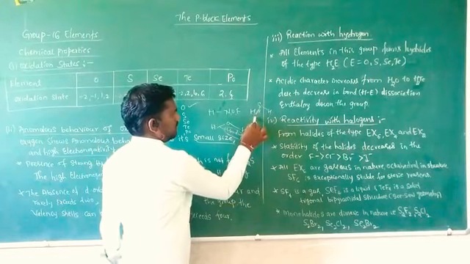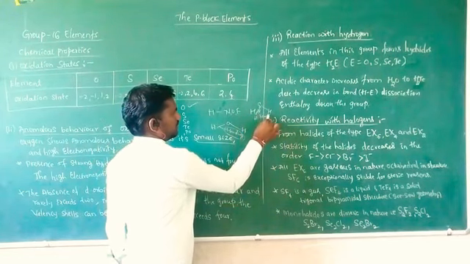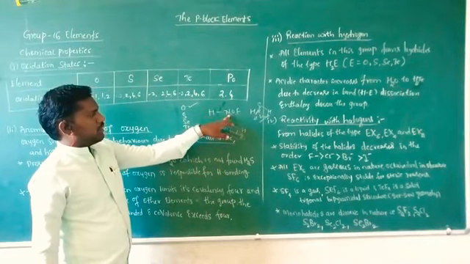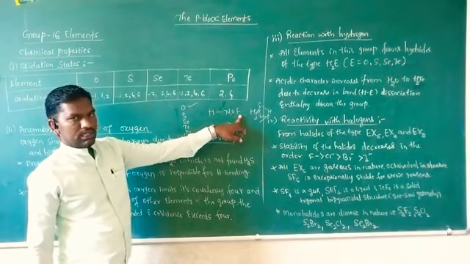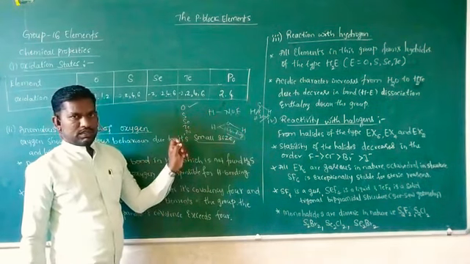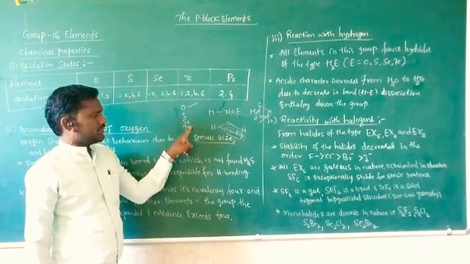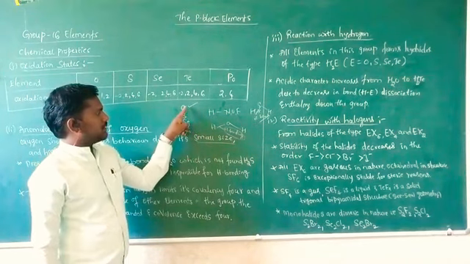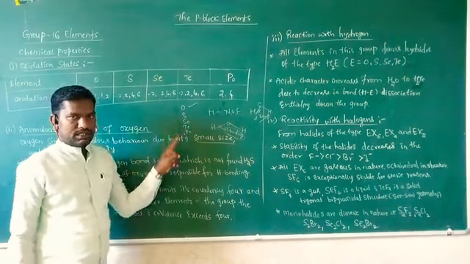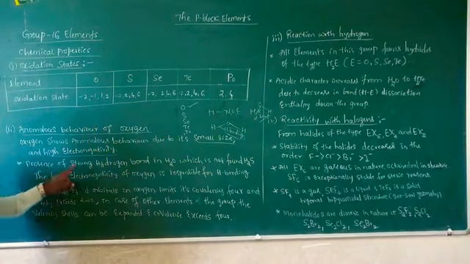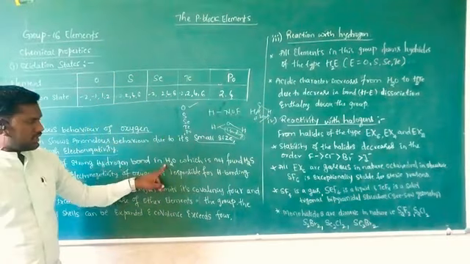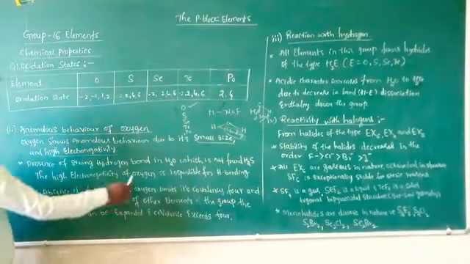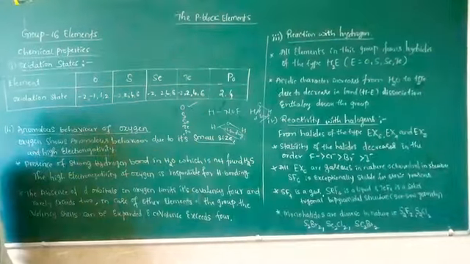Hydrogen bonding means hydrogen bonded with nitrogen, oxygen, or fluorine only, not with sulfur, selenium, tellurium, or polonium. So the presence of strong hydrogen bonding in water, H2O, is not present in H2S, H2Se, H2Te.